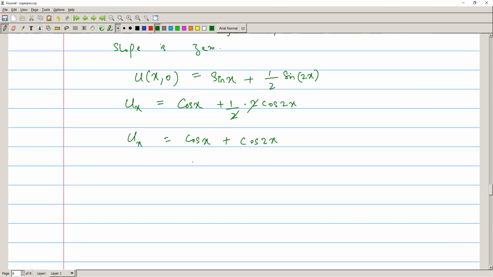So now we can write this cos 2x like this: 2 cos² x minus 1, right?